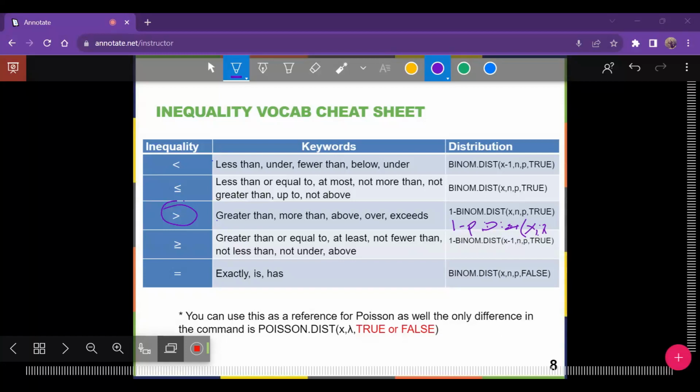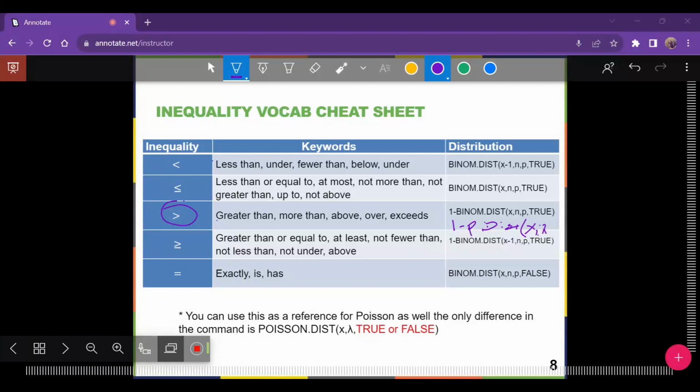So if we go execute that in Excel, we're doing 1 minus. We're putting in Poisson distribution. The x this time is not going to change, so it's just going to be 2. Our mean is also 2, and we are doing cumulative.